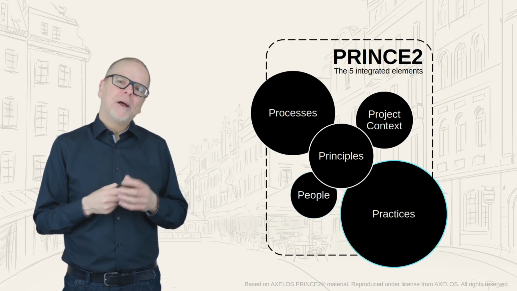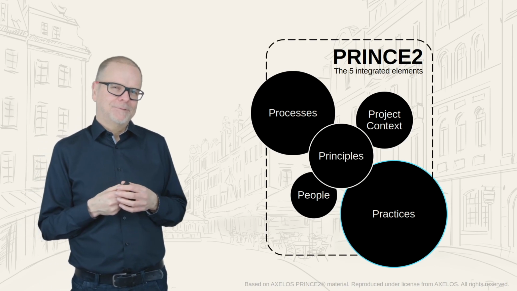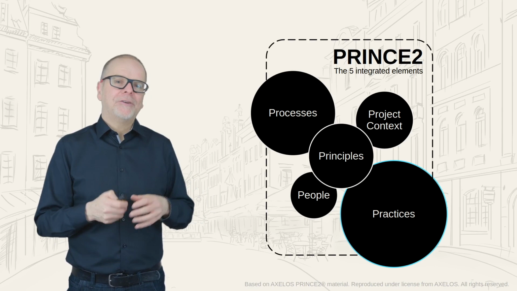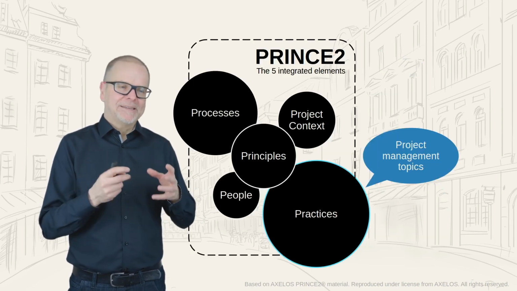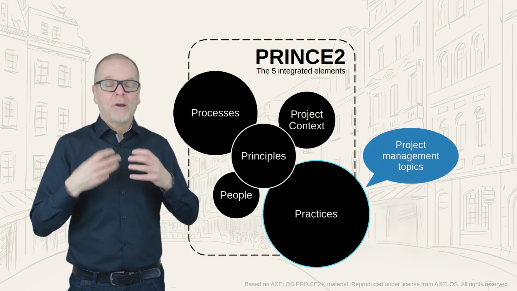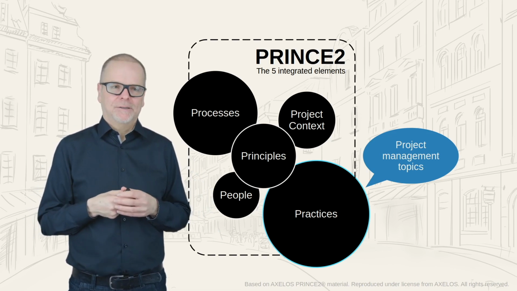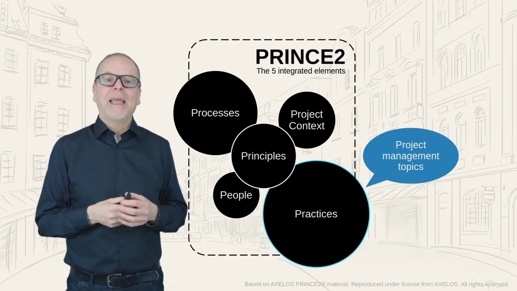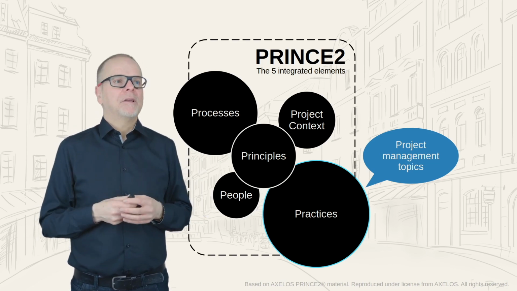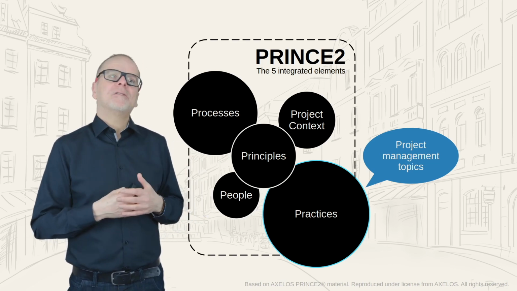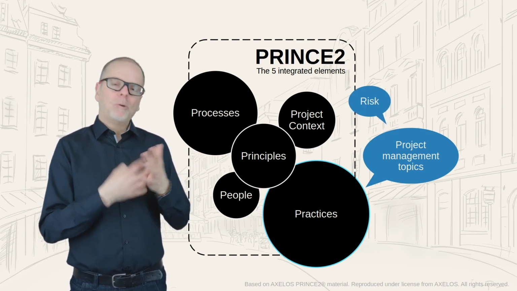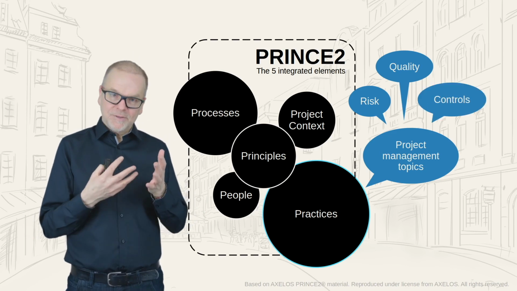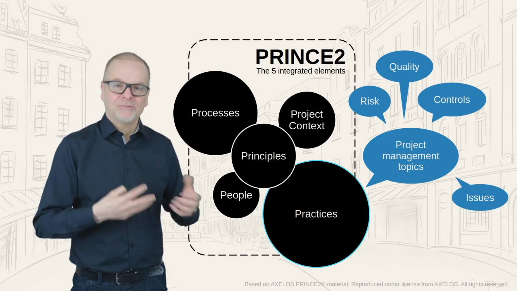Then we have practices. So what are practices? Well, these are different project management topics that each project should be aware of, that should be in each project. Best way to explain this, of course, is to give you an example. No matter what project you're running, you have to consider things like risk management. How will we do it? Quality management. How will we do it? To monitor and control a project. How will we do it? Or even to handle issues or change requests.